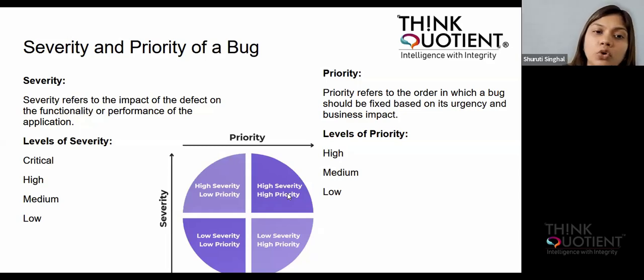And if I talk about low priority and high severity, it means key features failed, but there is no impact on customer business, right? And low severity and low priority means some normal font family mismatch, some cosmetic issue. Okay, so this is all about the bug life cycle and severity and priority of a bug.